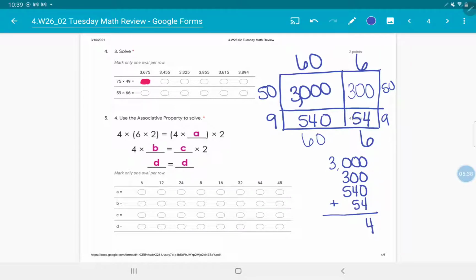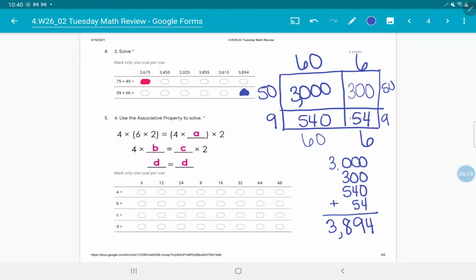If I look at my tens, 0 plus 0 plus 4 plus 5 is 9. Now if I go to my hundreds, 0 plus 3 plus 5 is 8. And then the thousands, I only have a 3. So my answer is going to be 3,894.